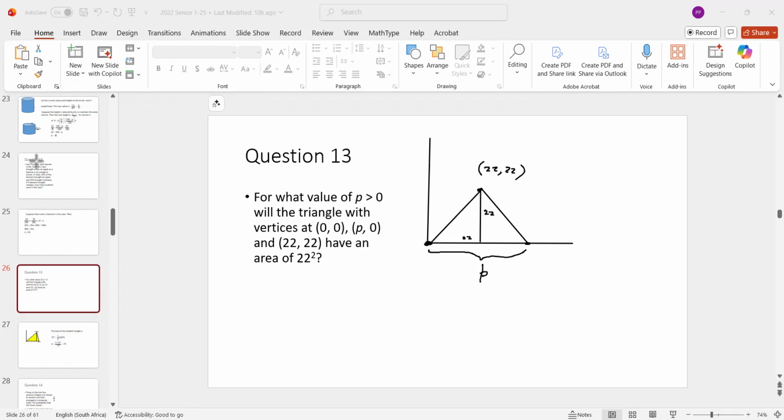And the area of this triangle is 22 squared. Now, in this figure, you can see what the area is going to be quickly. The area is actually equal to half base. The base is P.